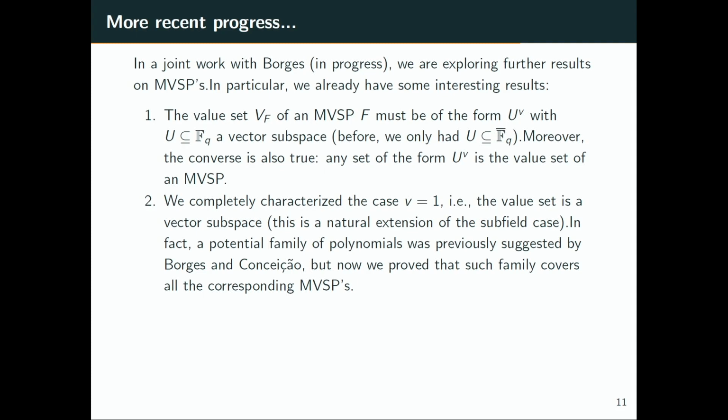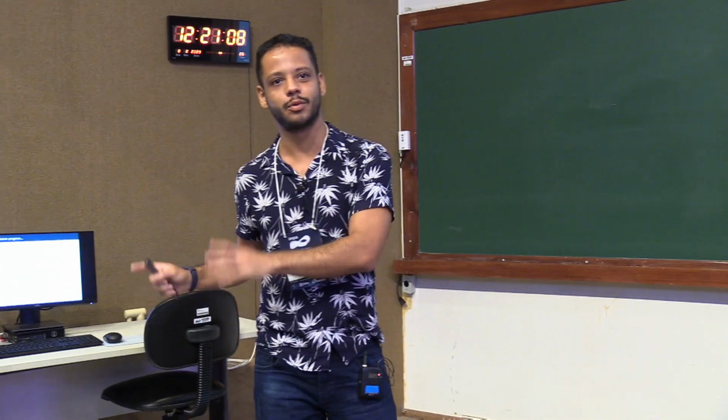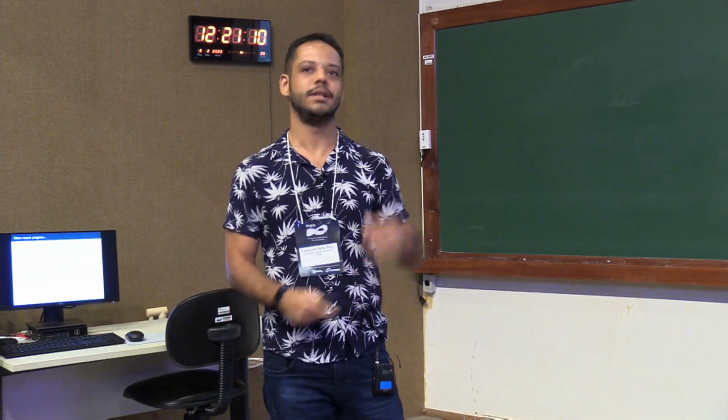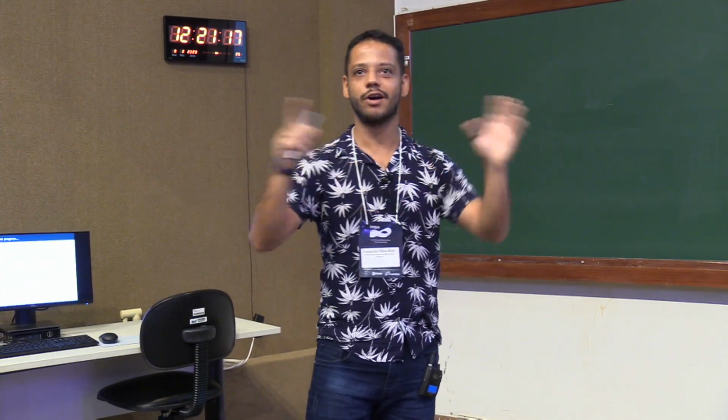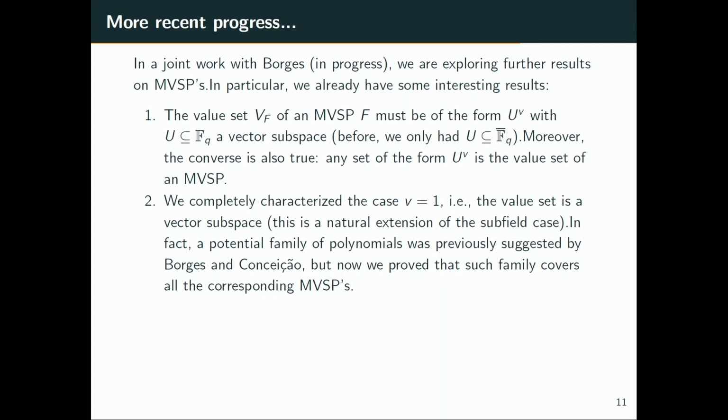And in fact, in 2013, Erivelto and Ricardo gave a guess about the description in this case, but they were not able to prove that this was actually the family. There are some computations, but computations in this problem are quite hard, because there are many, many variables, and the number of possibilities grows exponentially. So this was more like to see if we can find a counterexample. But of course, it's not, because it's true. The family they provided is the full description.